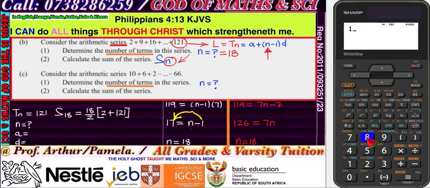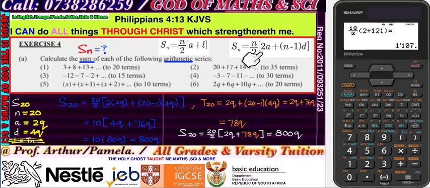So I've got 18 divided by 2, navigate to the right, open the parentheses, put a 2 in, plus 121, close the parentheses. Pow! There's your answer. The answer that we get is 1,107.